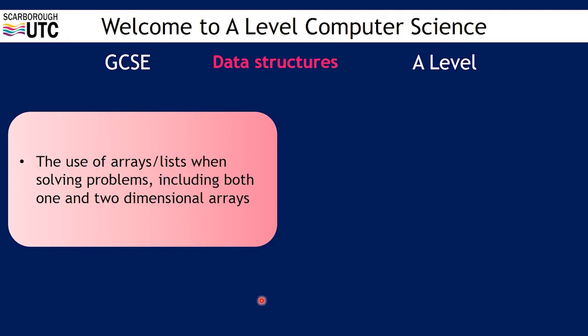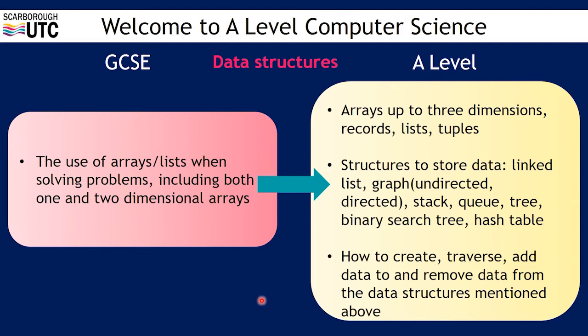However, at A-level, you will need to learn a lot more, okay? So not only will you need to learn arrays up to 3 dimensions, plus records and lists, you'll need to learn other data structures, okay? And these are what I call the higher order data structures.